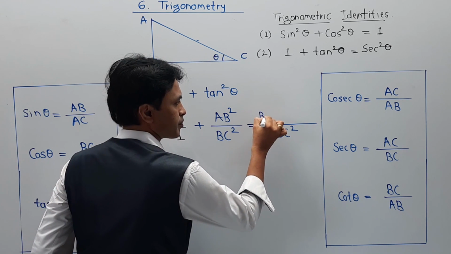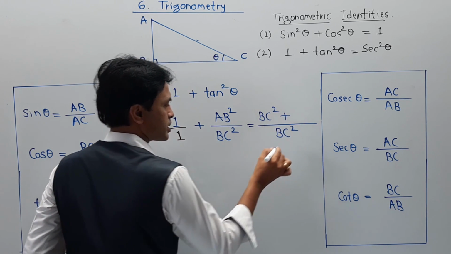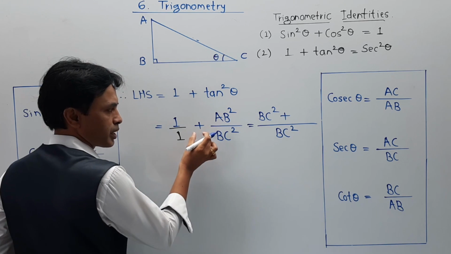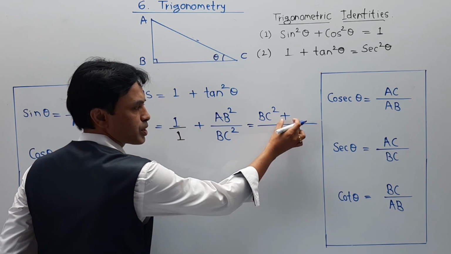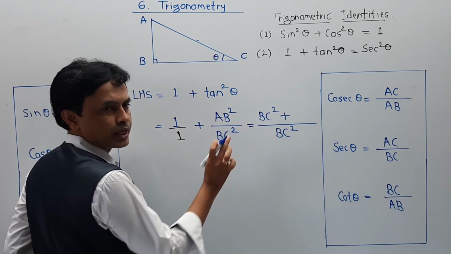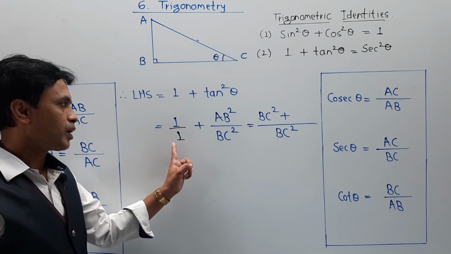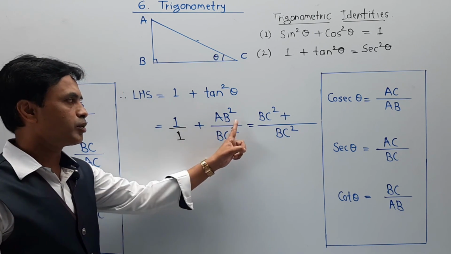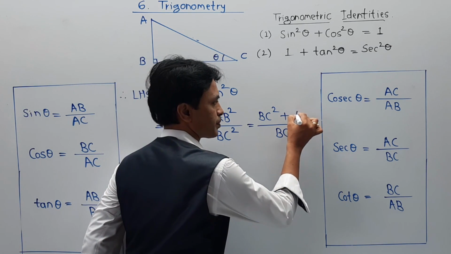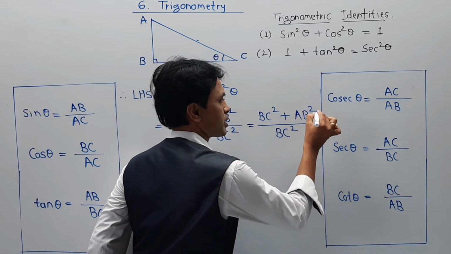That becomes BC square, plus 1 into AB square. This is a plus sign because it is the middle sign. If it were a minus, then I would write minus, but now it is a plus. 1 into AB square becomes AB square.